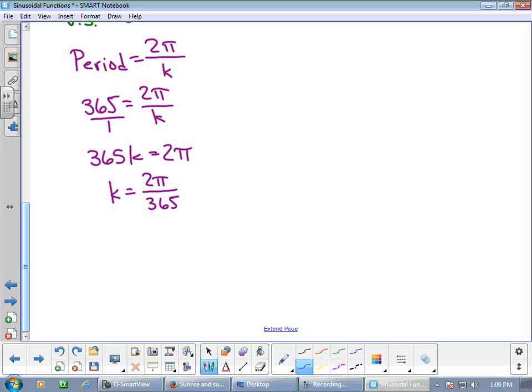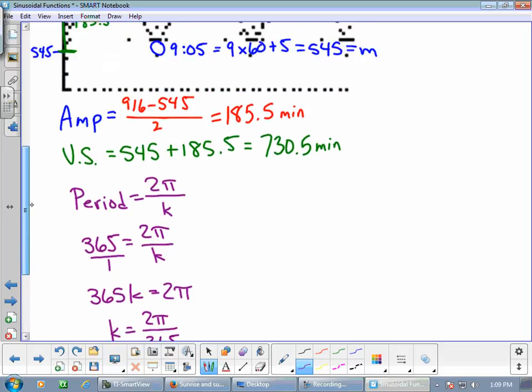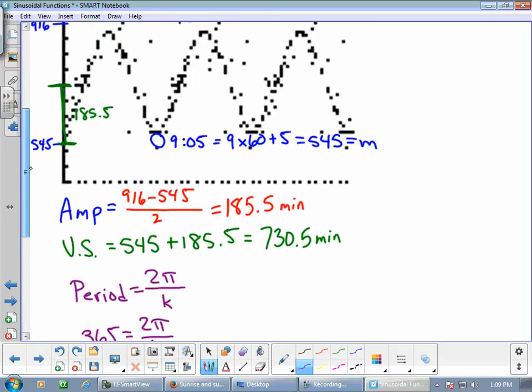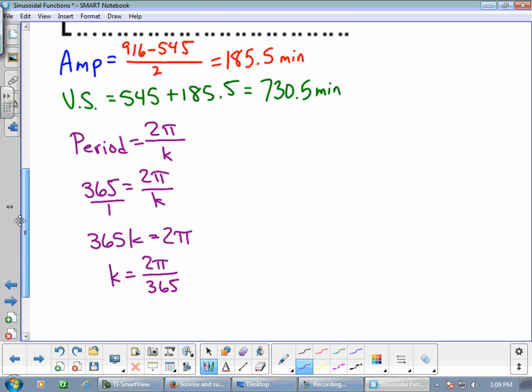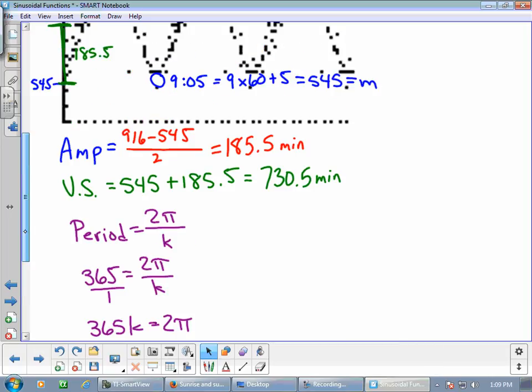All right. Anything else we need? Or having amplitude, vertical shift, and k is enough? Okay, we need to know which function it is, sine or cosine, right? Those are the only options we have at this point. Negative cosine.